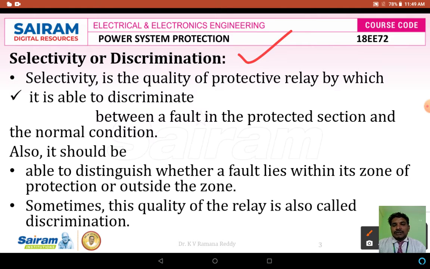Selectivity is nothing but the quality of a protective relay by which it is able to select or discriminate between a fault in the protected section and the normal condition.